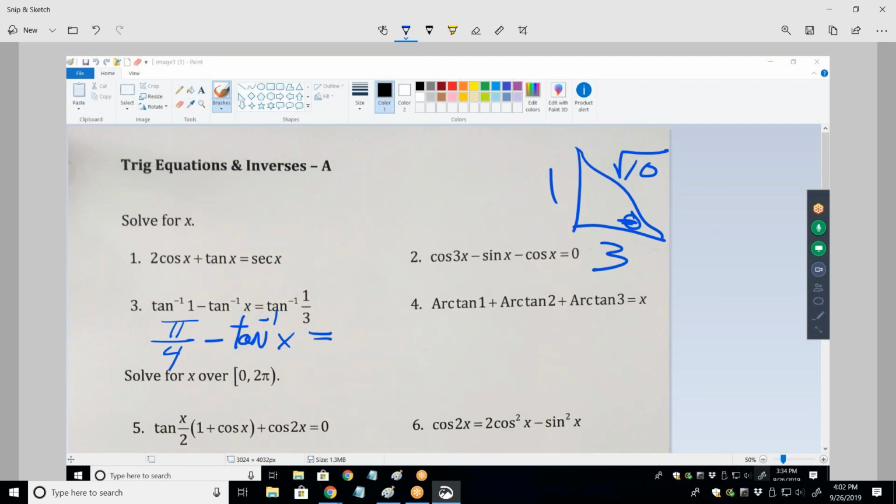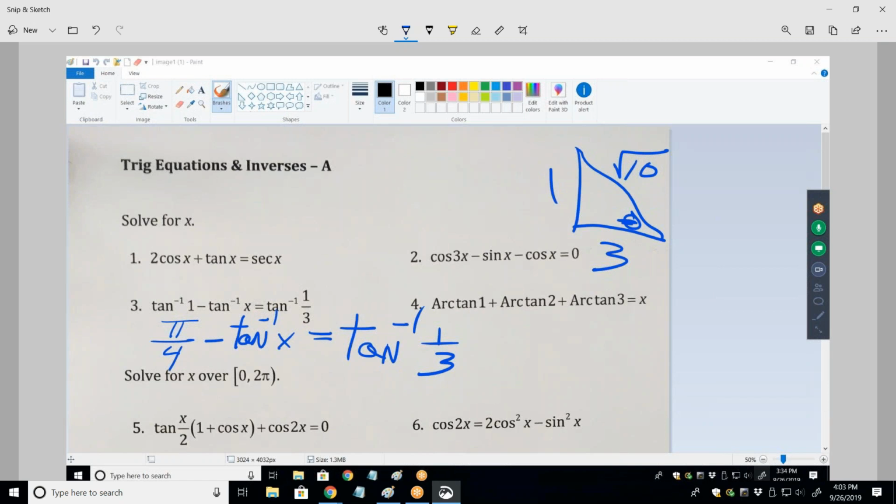So that angle, I don't know how to define that. The most accurate definition is inverse tan of 1/3, unless I want to use my calculator and come up with a decimal.